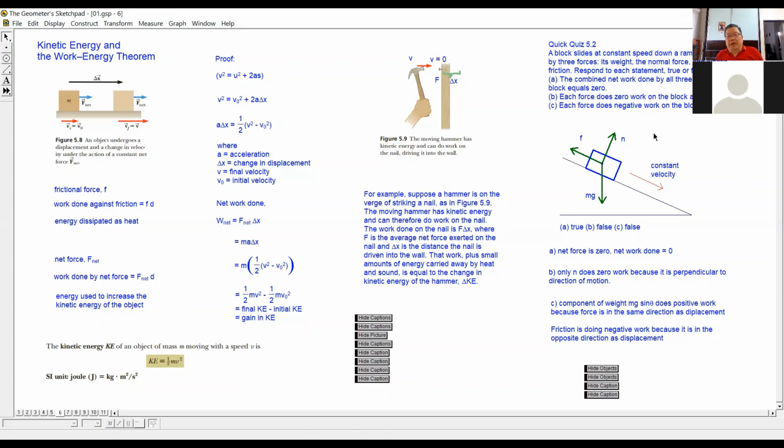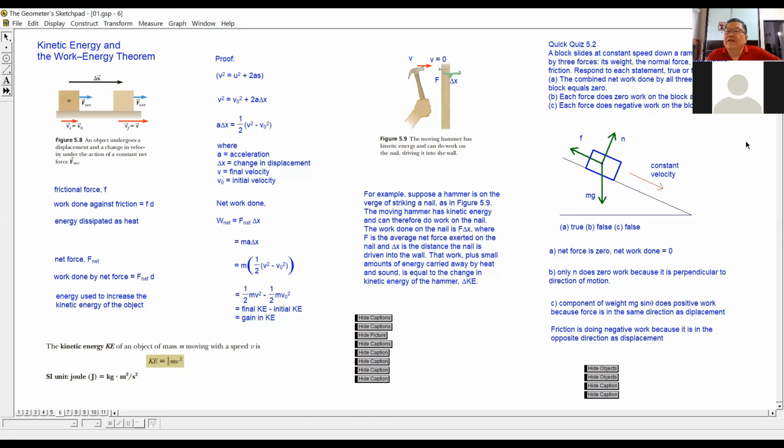You have to take note of this constant velocity. Constant velocity means the net force is zero. All the forces balance one another: frictional force, normal reaction, and weight.